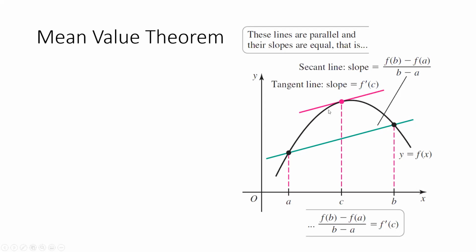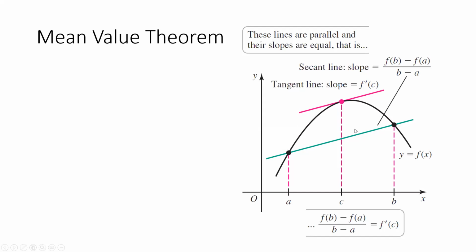So here in the picture, you see the green line is the slope of the secant line from a to b. And then the mean value theorem says that there has to be a point c somewhere in between a and b, where f prime of c, the slope of the tangent line, is equal to the slope of that secant line. So in other words, they're parallel, right? You can see that here this tangent line is parallel with the secant line.